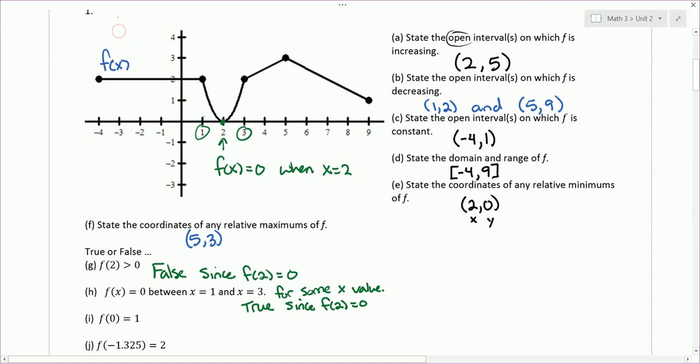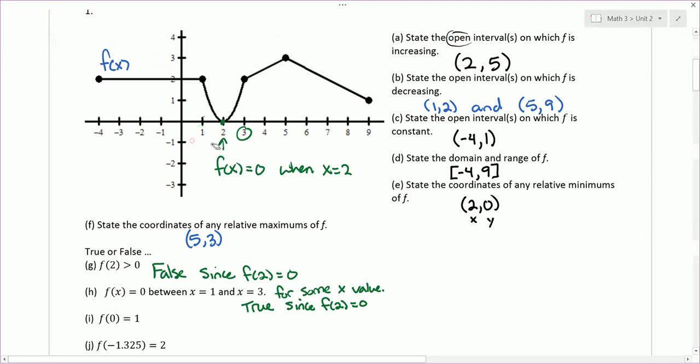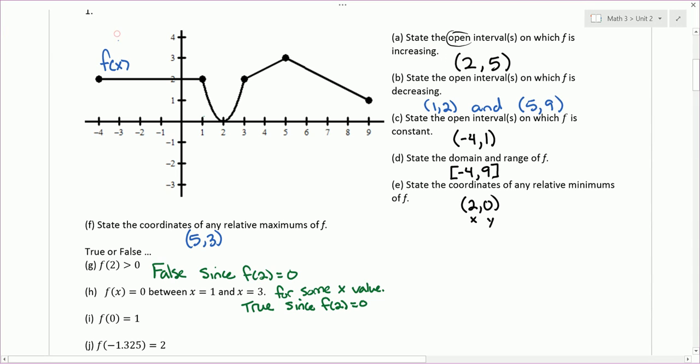Part I says f of 0 equals 1. Okay, well, where's f of 0 on our graph? We're plugging in 0 into our function, where the x value is 0.